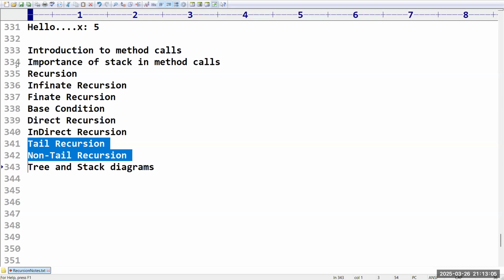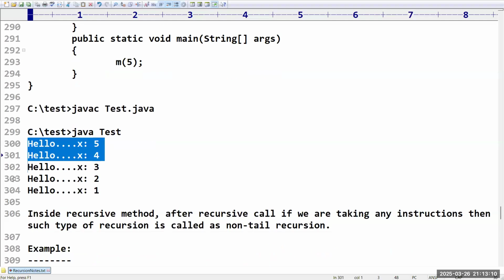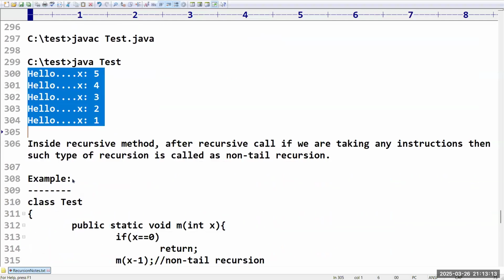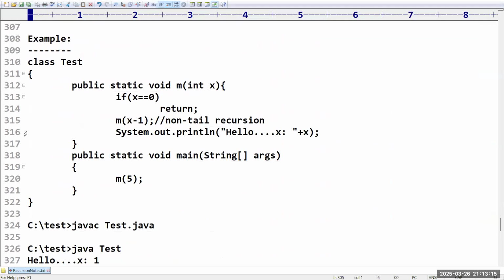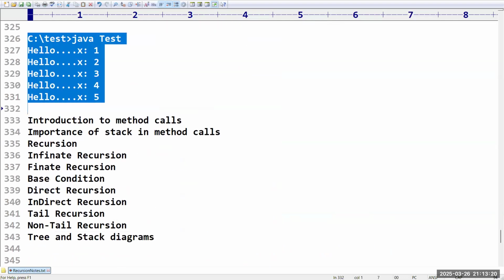I explained very clearly, by taking one program, what will happen if I call using tail recursion and then non-tail recursion. We have seen something like forward and reverse direction. Remember my words: whenever in the interview they give a program to print numbers in forward direction or reverse direction, wherever the reverse concept comes, then blindly you have to use recursion.